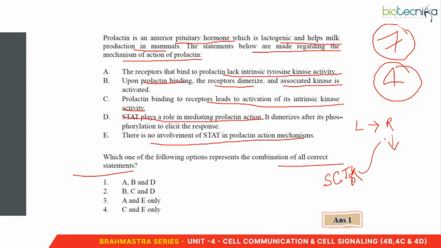This will be recruited to the receptor, undergoing autophosphorylation, transferring the phosphate to the target. And here the target is STAT. So based on that, the signaling happens. The core information over here is you need to remember the ligand for different signaling pathways. Okay, I hope Astha and Arzu, you are clear with the question.